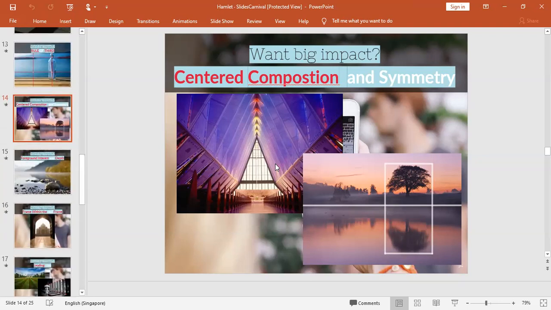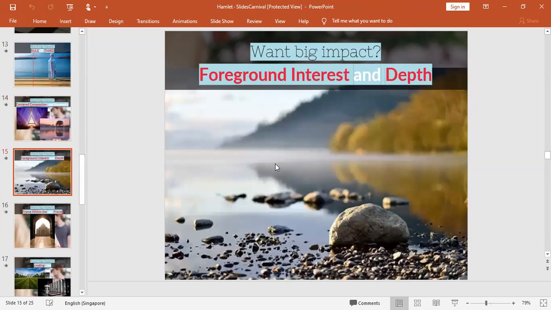Then we have foreground and depth. When you are taking a picture focusing on the floor or the ground, the top part is blurred and the bottom part is in focus, so it's called a foreground.